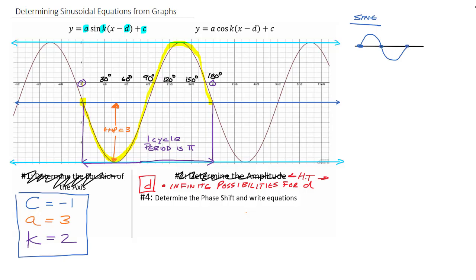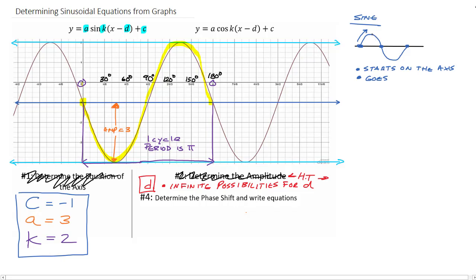So sine hits the axis at 3 points: the start, the middle, and the end. So it starts on the axis. This is key, okay? On the axis, and from there, it moves up. So that's what sine does, starting on the axis, moving upwards in that motion. So that's what we're looking for.